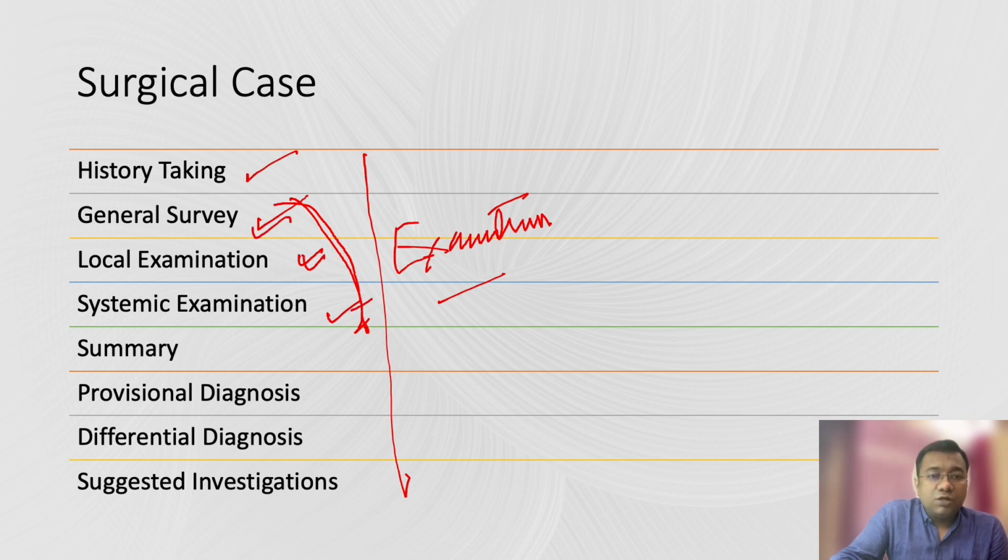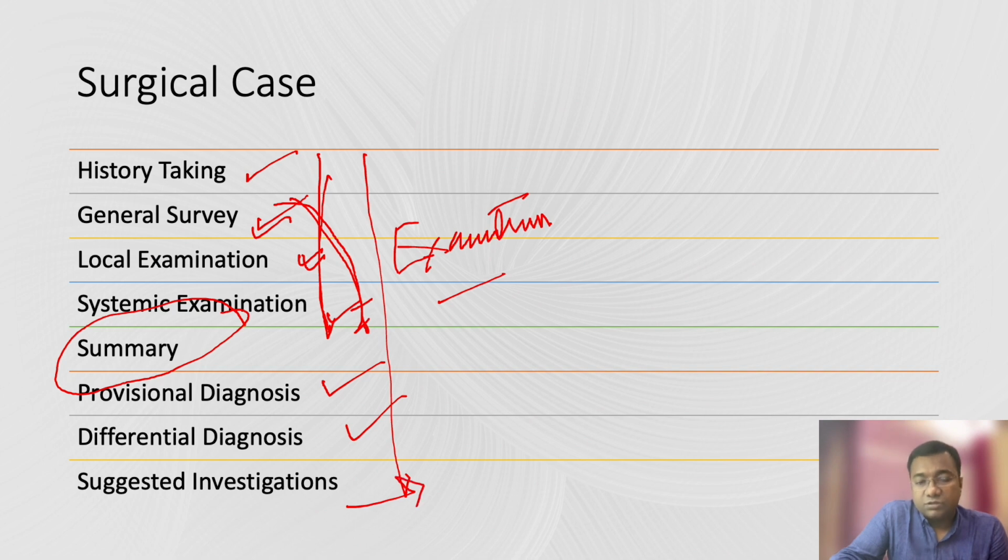Then you write down your summary, where you mention all these points. After your summary, you give a provisional diagnosis. Then you give 1 or 2 or 3 differential diagnoses. Then you suggest some investigations, based on which you will diagnose and establish your case.